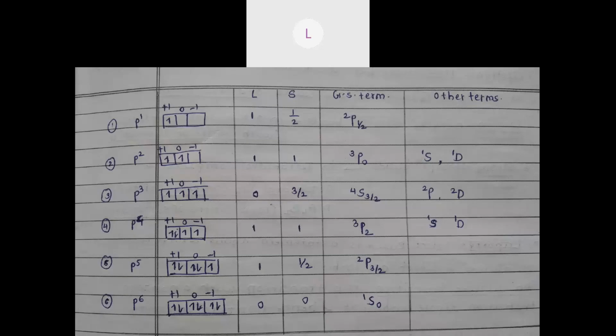Here we have some ground state term symbols for p configurations. Now see the p1 configuration. There are three orbitals of p.